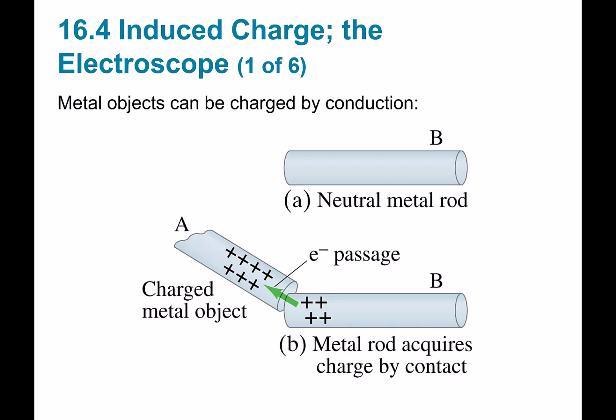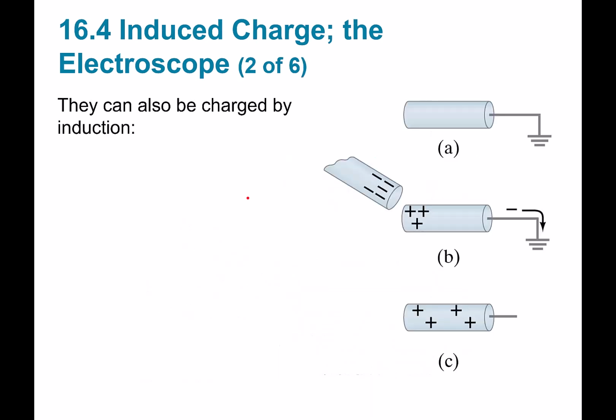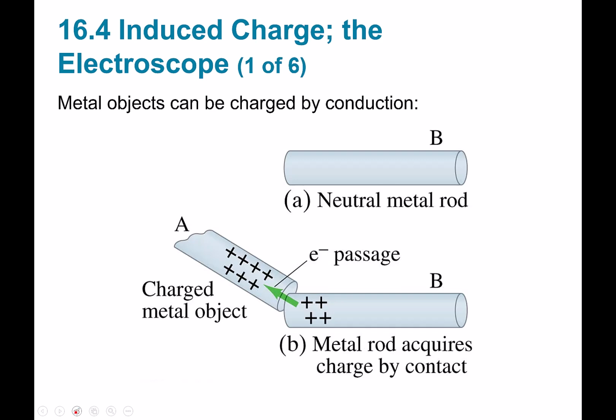There are several ways by which we can charge a neutral object. Metal objects can be charged by conduction. If we take a neutral metal rod which is not connected to a battery or anything, no transfer of electrons is happening.